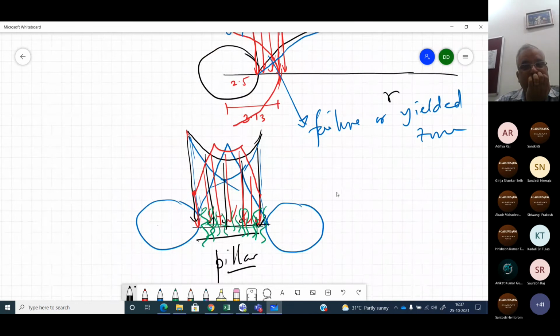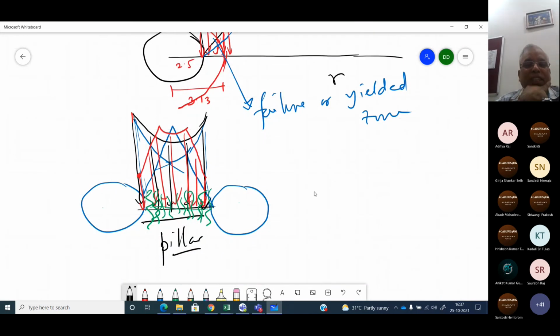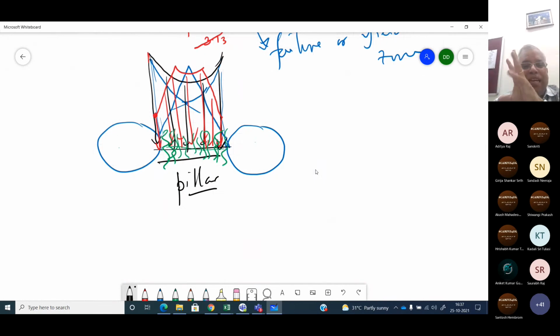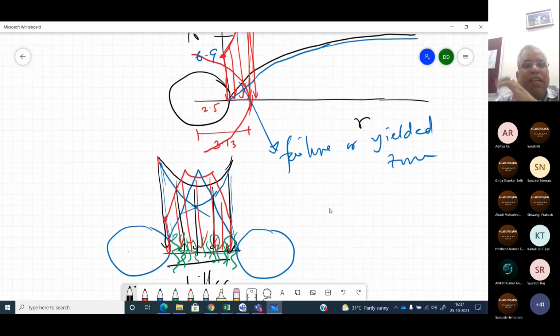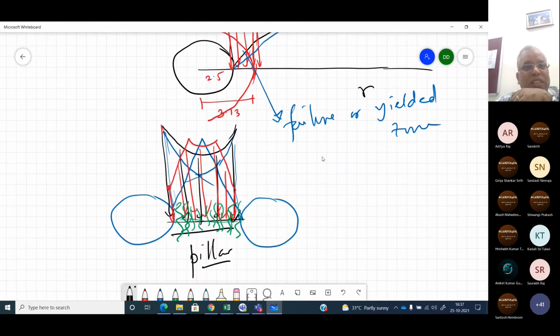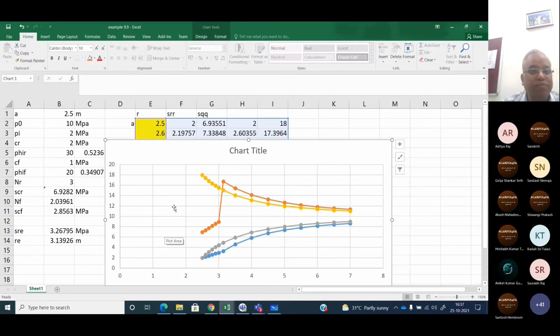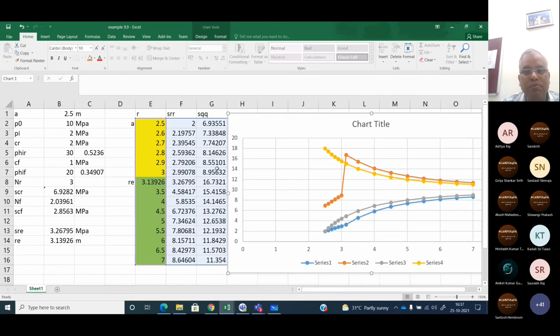Okay, maybe it may take a little bit of time for you to digest everything. But let me give you another very important aspect of this entire analysis. See here, I go back again to the example.